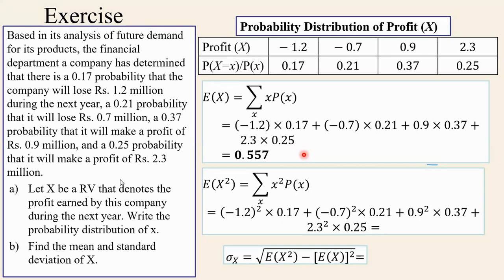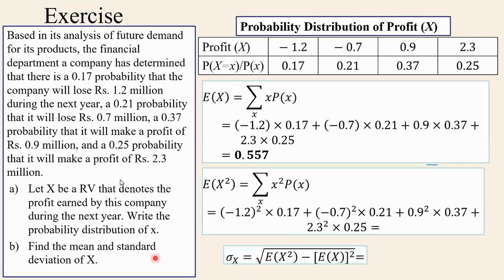Then to calculate the variance, we need the expected value of X squared also. So here we are calculating X squared into probability of X, that is minus 1.2 squared into 0.17, minus 0.7 squared into 0.21, and 0.9 squared into 0.37, and 2.3 squared into 0.25. You complete this work and find out this value.